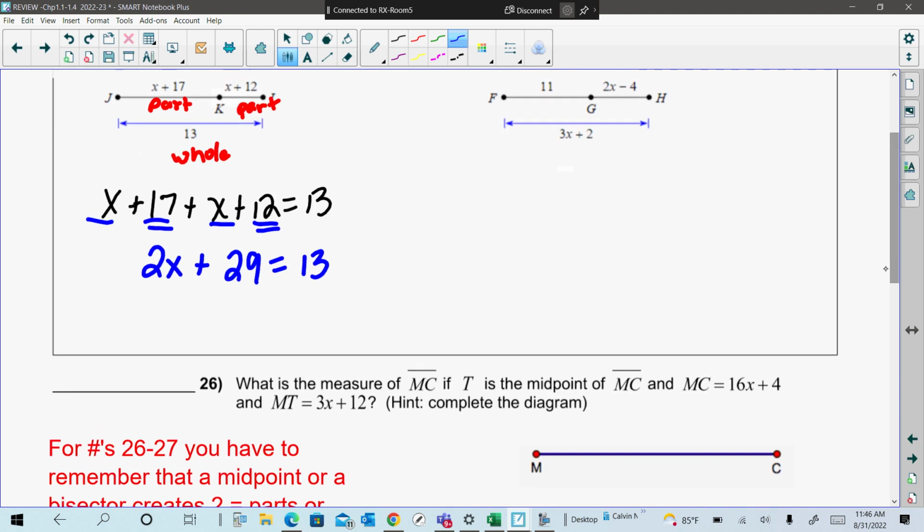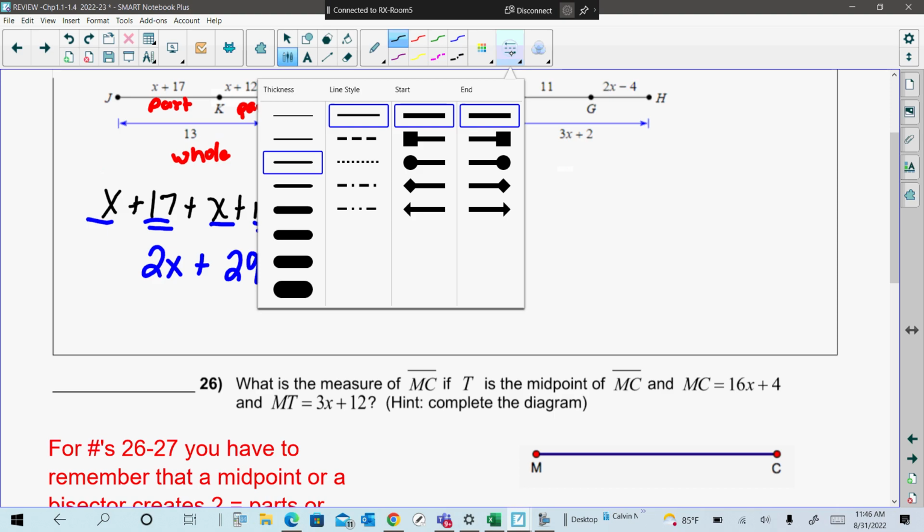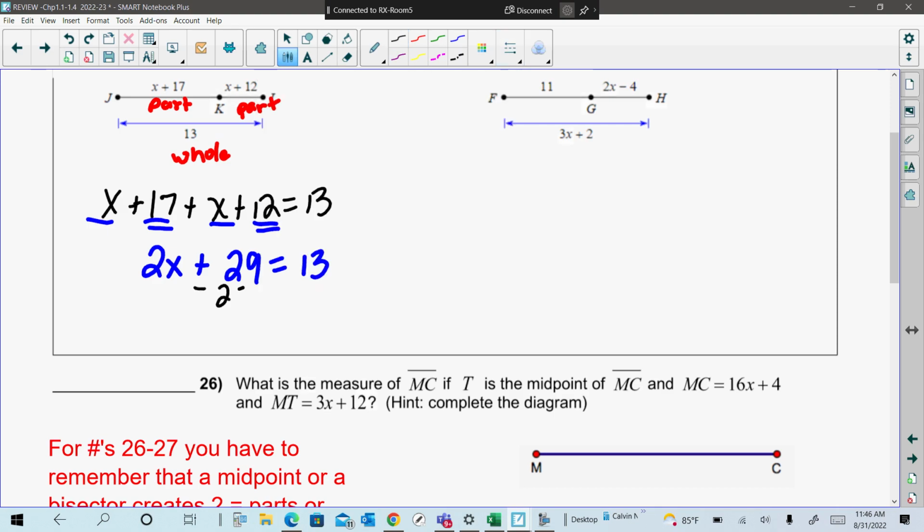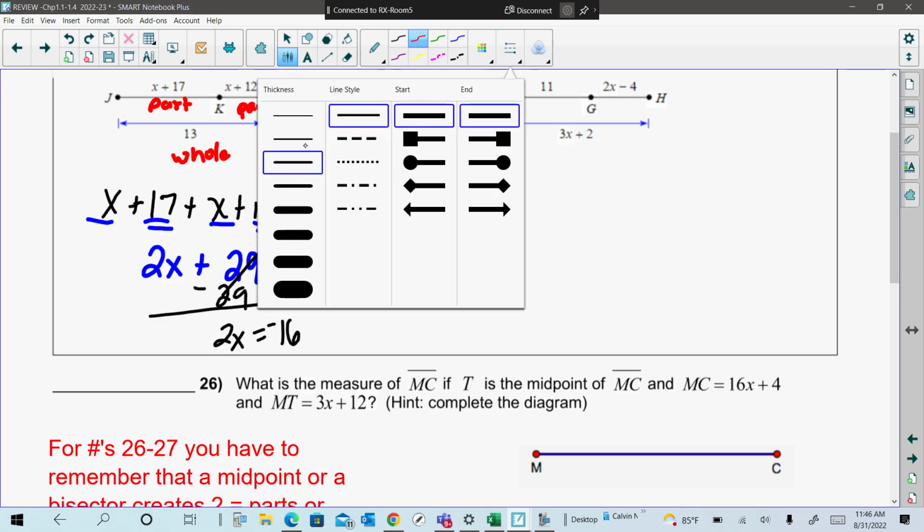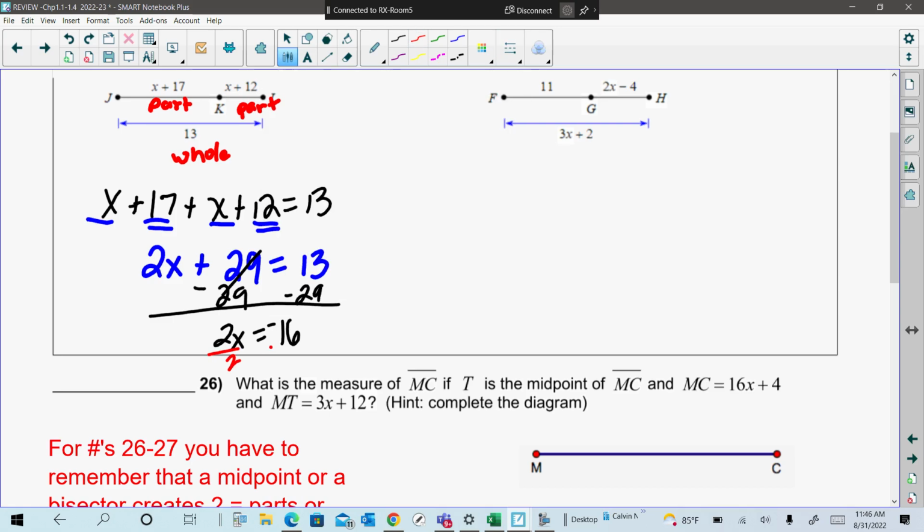Now, we're going to solve for x. So we have to isolate that term by subtracting 29 from both sides. That's going to leave me with 2x equals, what is it, 16? Oh, negative 16, sorry. And then when you divide everything by 2, we get a negative answer, which you can. X equals negative 8. Variables can be negatives. They can be real numbers, okay? Lengths of segments, though, those should be positive.